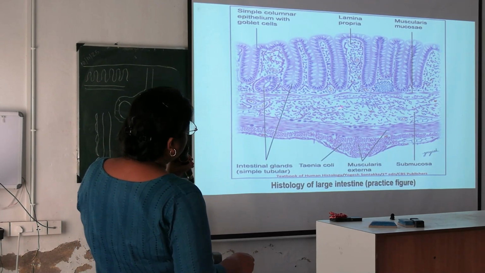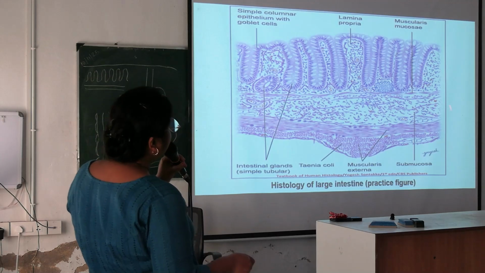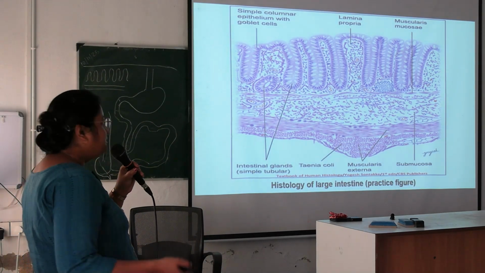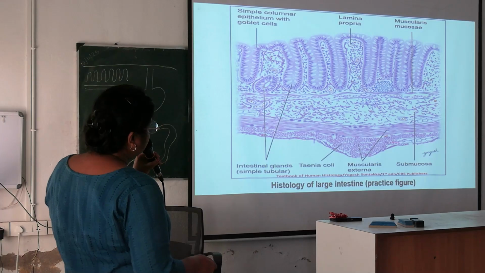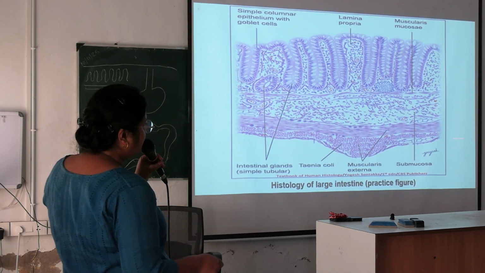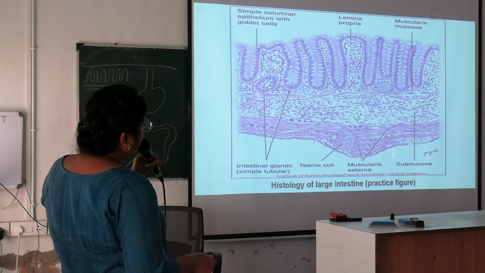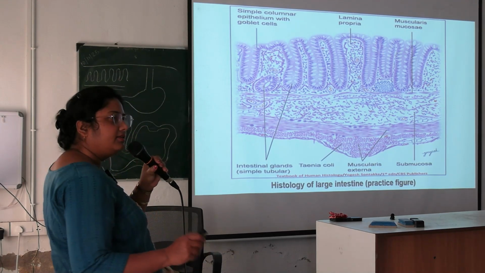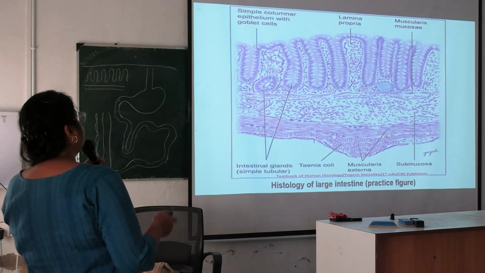And this part is the submucosa. Here is the submucosa. Here also some adipose tissue, sections of blood vessels you will see. And these are the muscle layer, inner circular layer, outer longitudinal layer. And here the longitudinal layer is thickened to form the Tenia Coli. Okay, understood? So like this you will see.